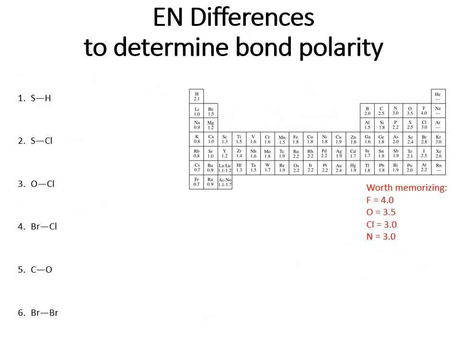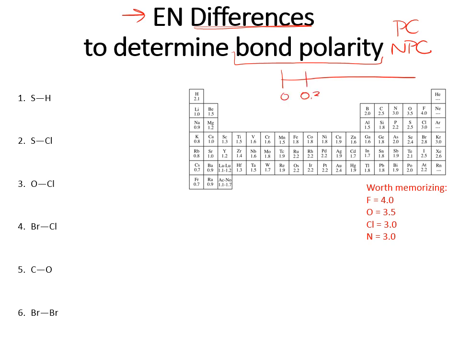Now let's use the chart of electronegativity to determine the differences, which will give us the bond polarity, whether it is polar covalent or nonpolar covalent. The general scale is 0 to 0.3, and I say ish, is nonpolar covalent.